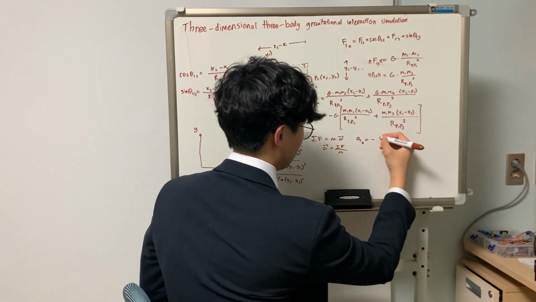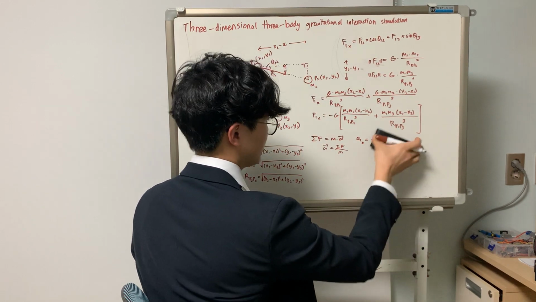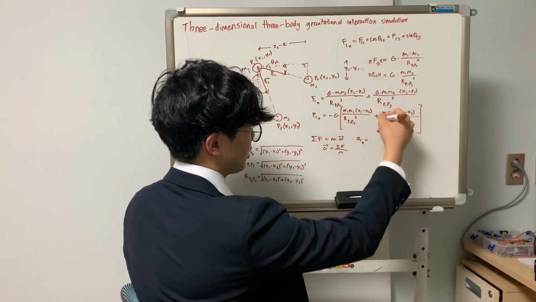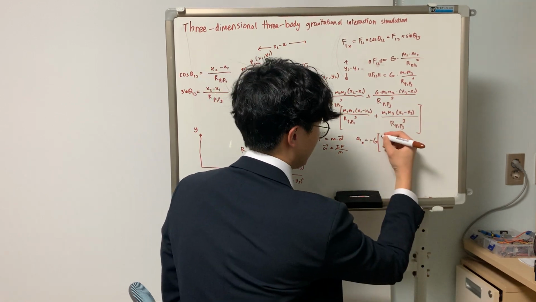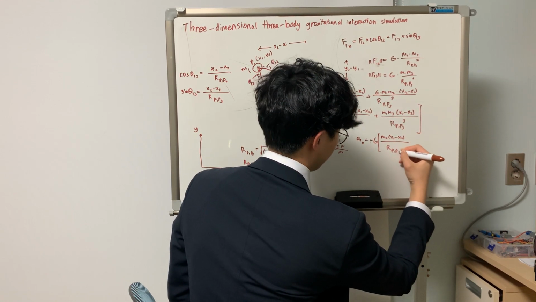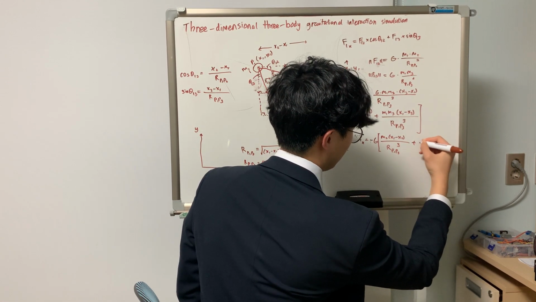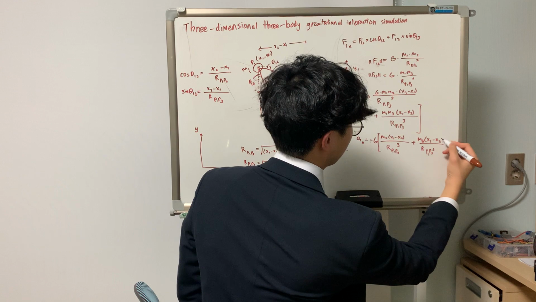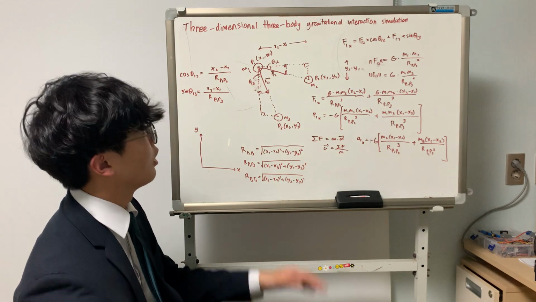So we have minus g divided by m1, but we can cancel out the m1 from both terms. And so we have minus g times m2 times x1 minus x2 over radius cubed, plus m3 times x1 minus x3 over radius cubed. And that's going to be our value for the acceleration in the x direction of our object.